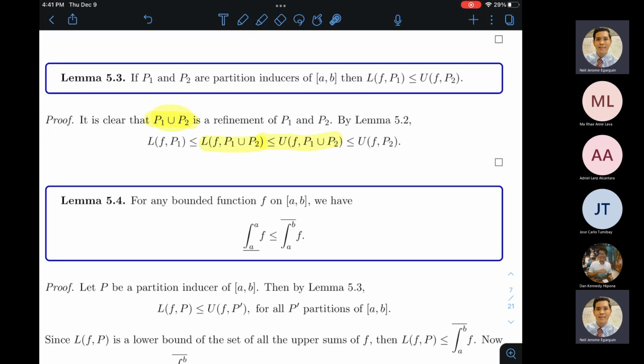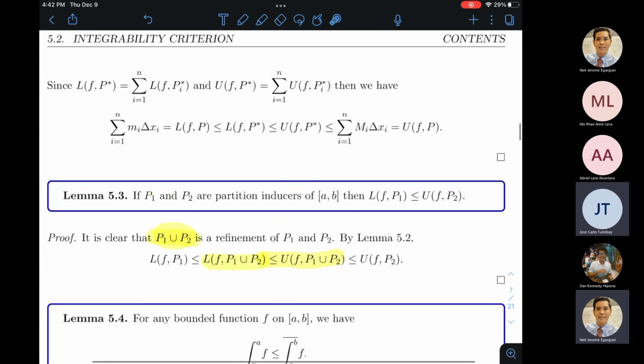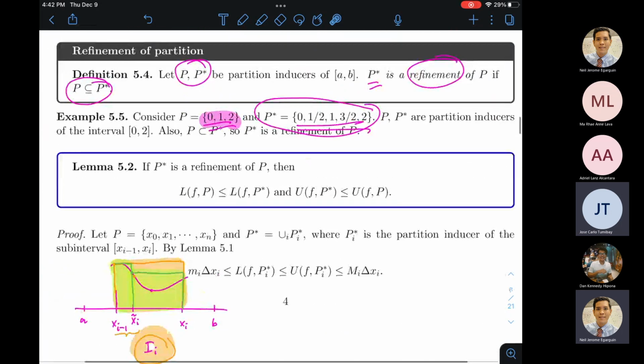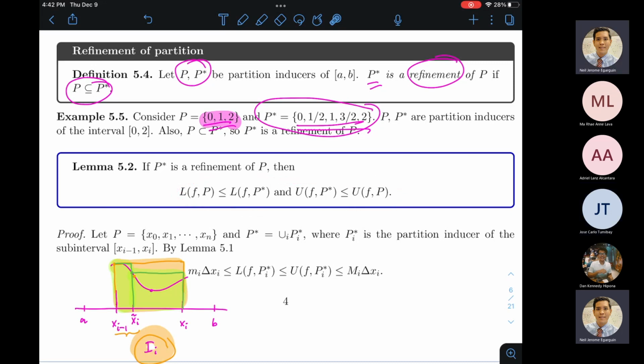Yes, Carlo? Sir, just a question, yung middle part, is that proven rin? But I know it's on the proof of 5.2, pero yung sa, if you go up, dun sa Lemma 5.2, I think it says and instead of less than or equal. Yung between those two middle terms. Okay.